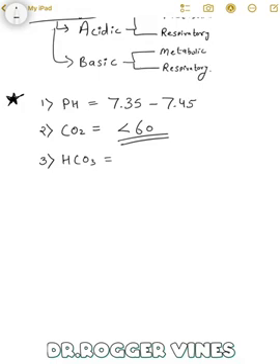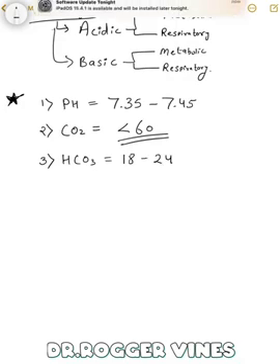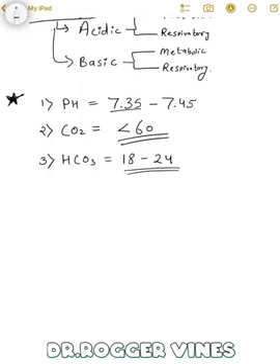Don't get confused, guys. Just remember the value I am telling you right now, because it will help you solve these questions in exams. The value you should remember is from 18 to 24. So these are the three things you need to remember to solve your questions.